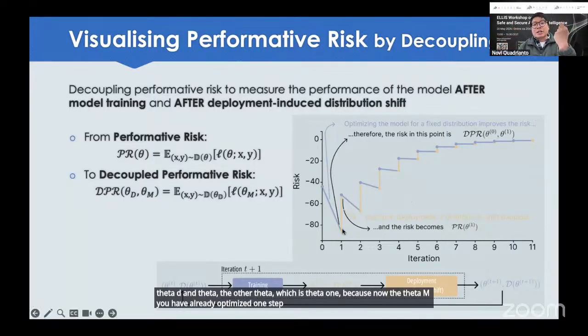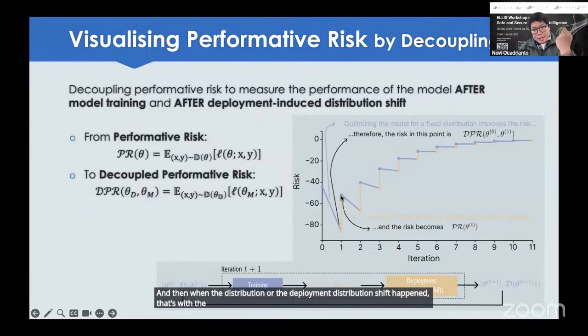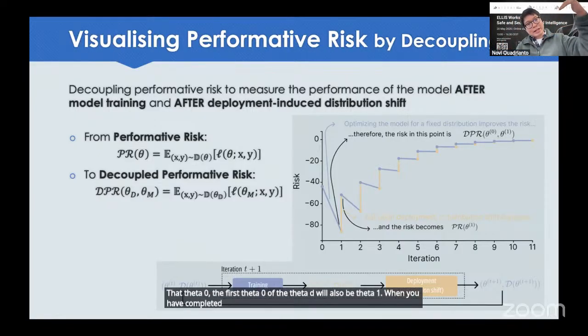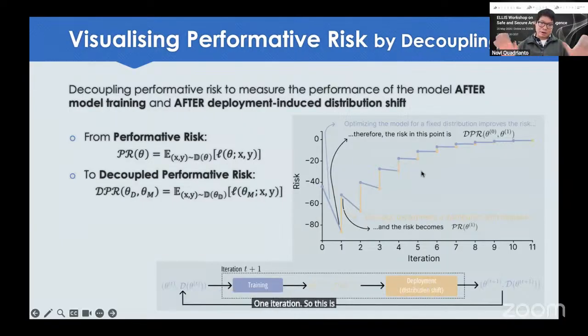Then when the deployment distribution shift happens, that's the orange one, where theta d, the first theta 0, will also be theta 1. When you have completed one iteration of theta m and theta d, you will have the performative risk with respect to that iteration. This is the typical visualization that we can see in performative prediction.